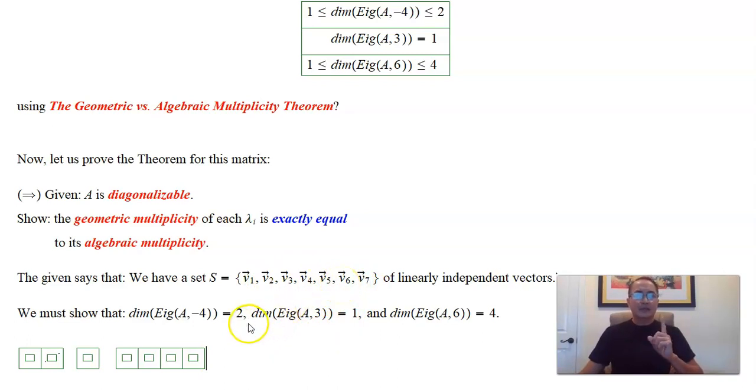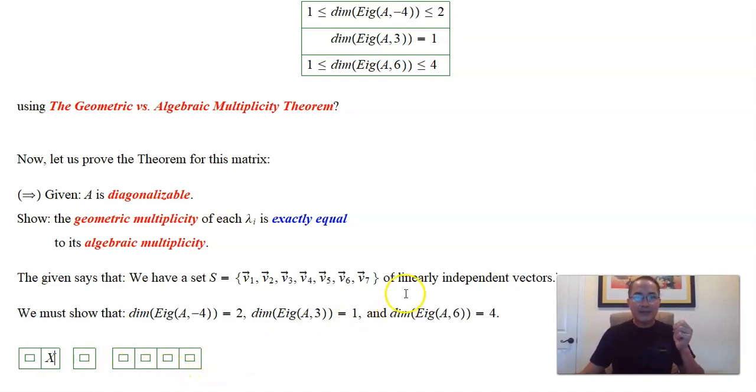So what do I mean by fitting things into boxes and a snug fit? Is it possible that the dimension of the first eigenspace is smaller than 2? We know it's at least 1. But what if we can't have a second basis vector? What if there's only 1? So now comes the part about fitting these 7 vectors into these 3 boxes.